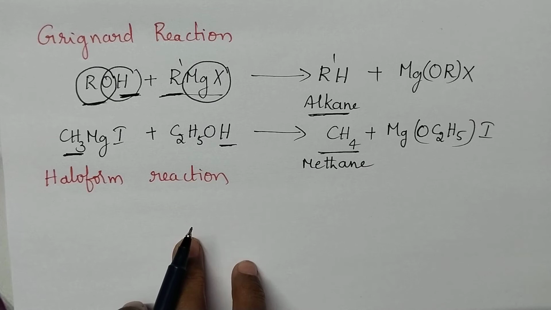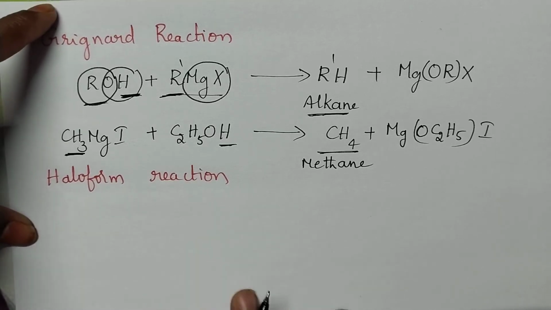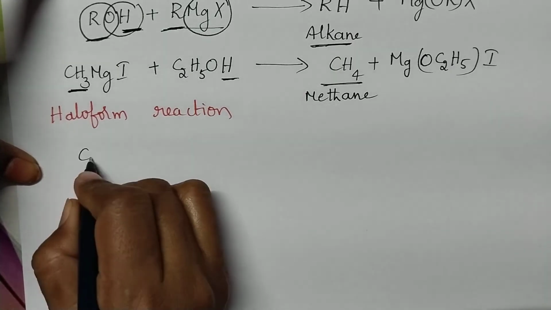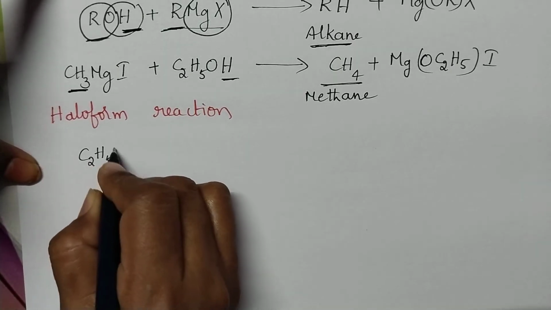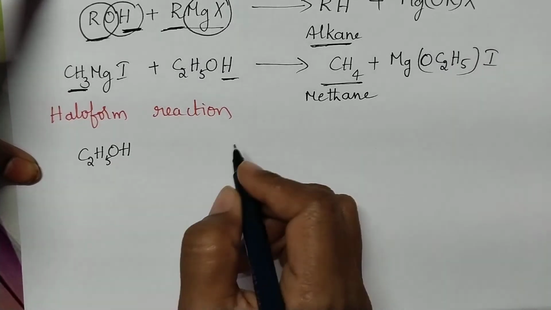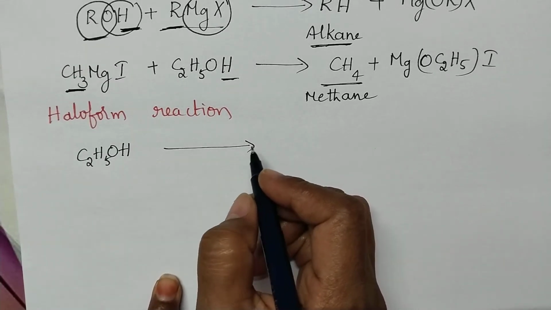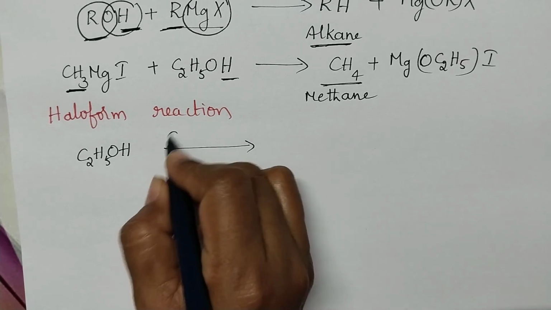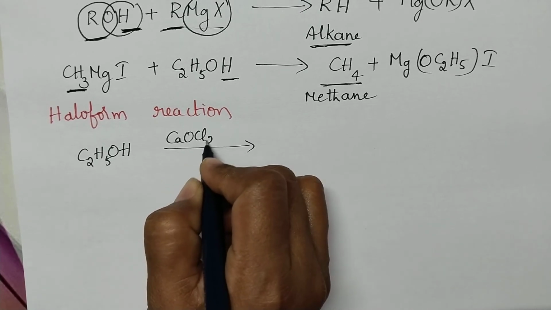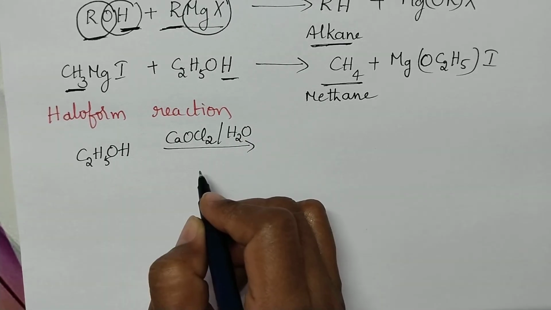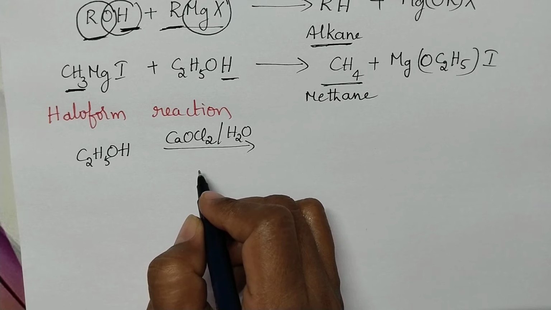Let us discuss the haloform reaction. So coming to the haloform reaction, what happens, students? Alcohol is treated with bleaching powder. What is the formula of bleaching powder? Calcium oxychloride. Especially moist bleaching powder is used at high temperatures.